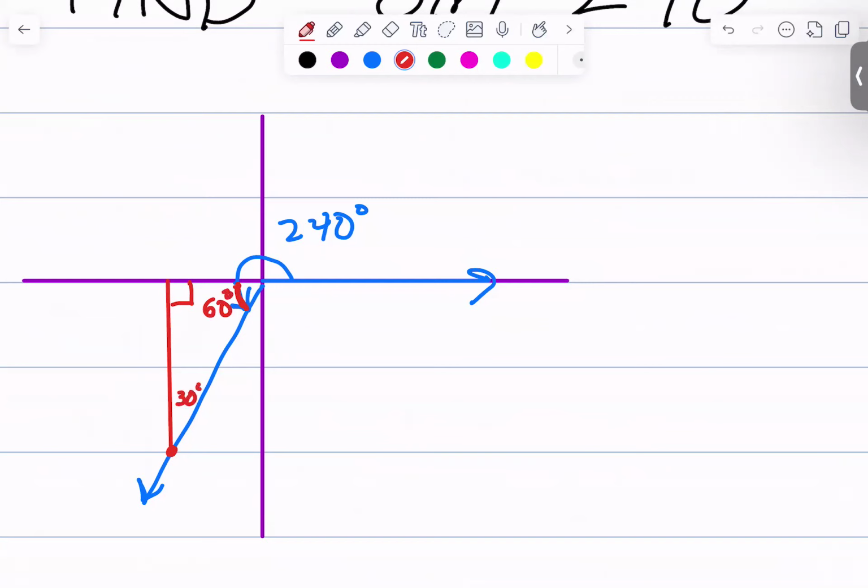So this has to be 30 degrees, right? It's a 30, 60, 90 triangle. So opposite to 30 degrees is, what's the ratio of the sides? Opposite to 30 is 1. Opposite to 60 is square root of 3. Opposite to 90 is 2. Okay, so you guys see this triangle that we made in red?